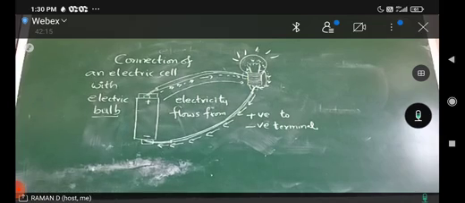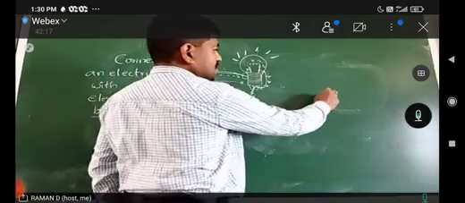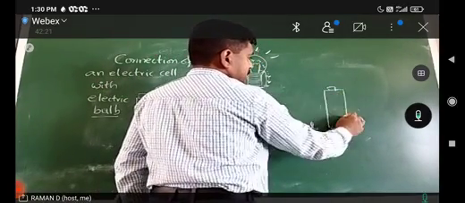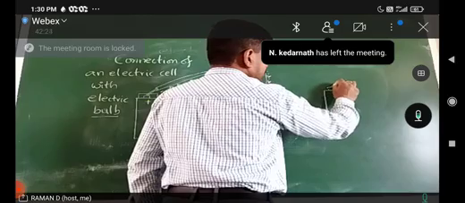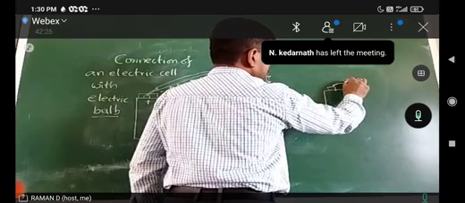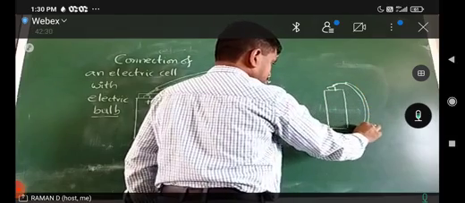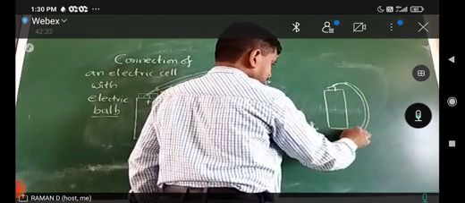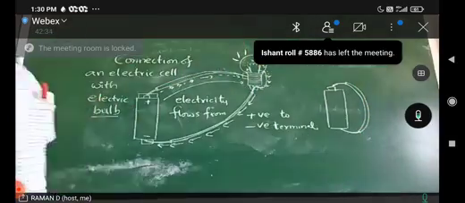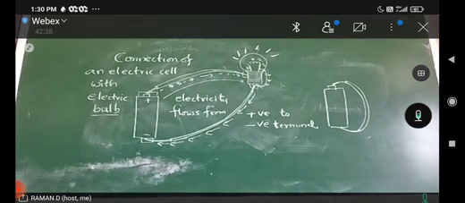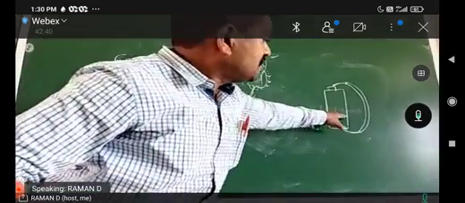Assume that you have connected the positive and negative terminals of an electric cell directly like this. What will happen?